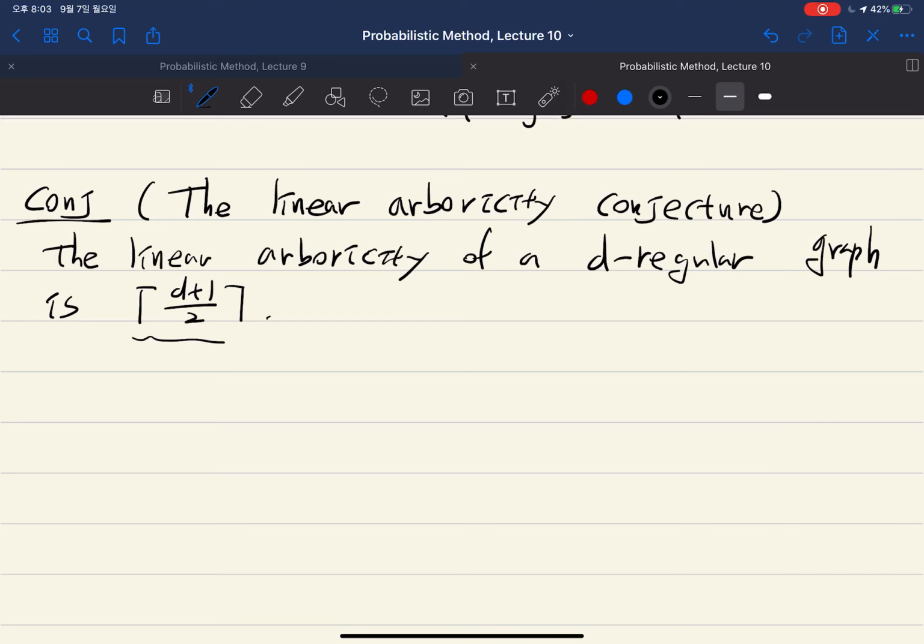On the other hand, we know that any graph with maximum degree delta can have its edges colored with delta plus 1 colors. So any d-regular graph has its edges decomposed into d plus 1 matchings.